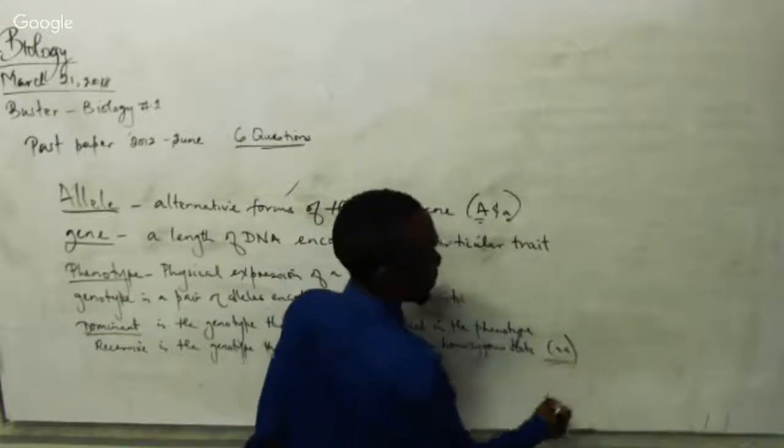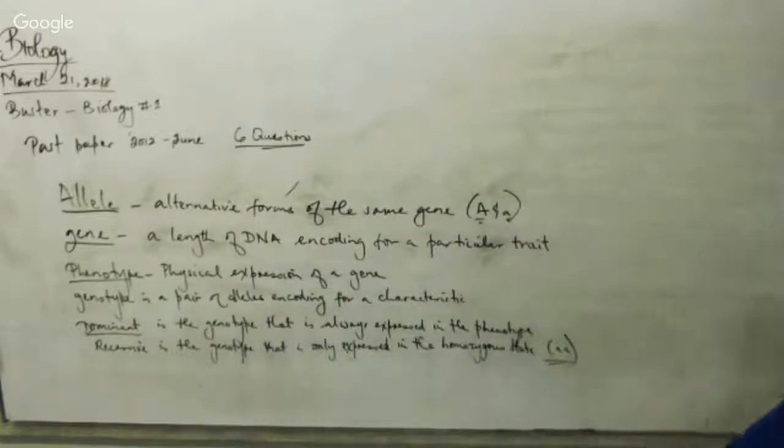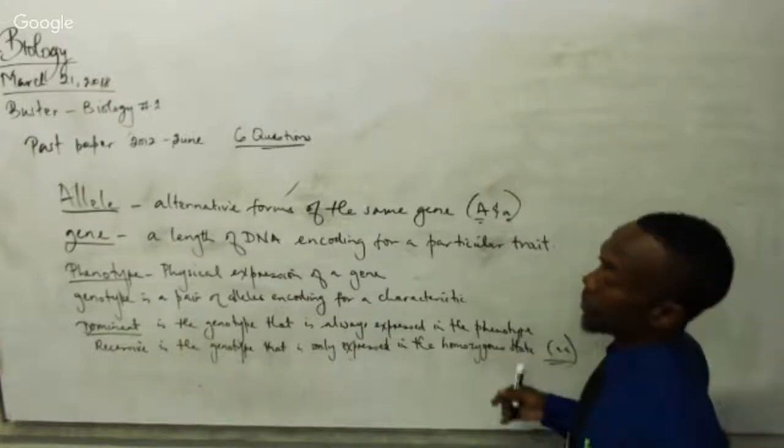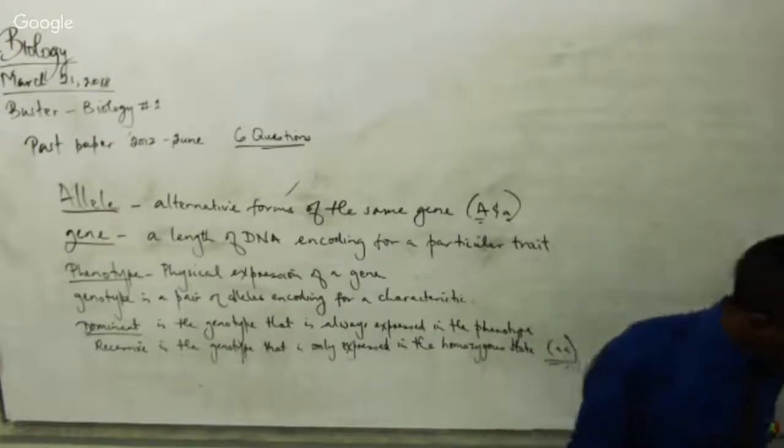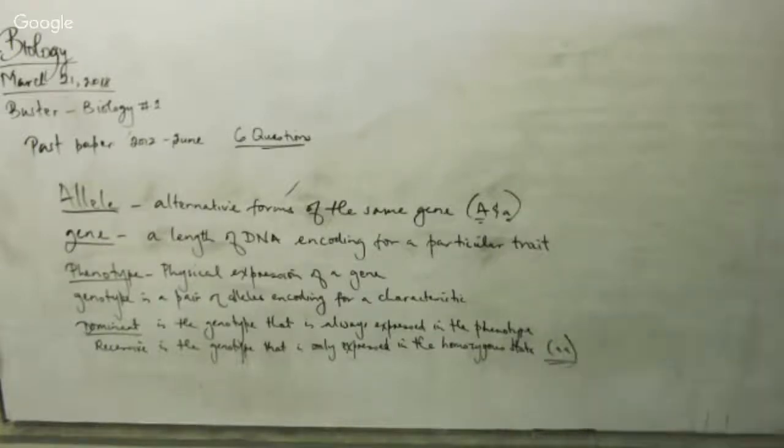That's the only time it shows, when there is no dominant allele. As long as you have a dominant allele, it will overcome the recessive one and show itself. Alright, genetics. Genetics is just so exciting.